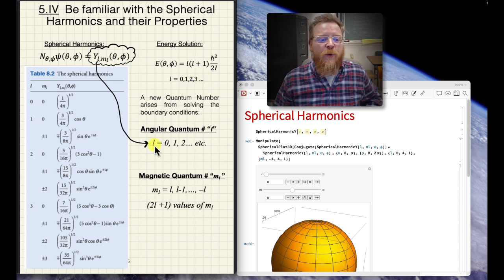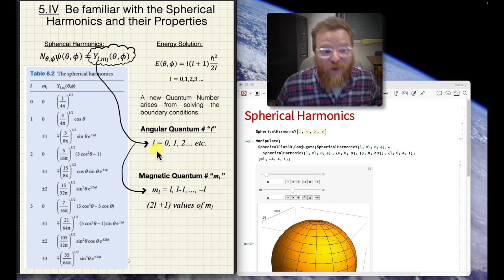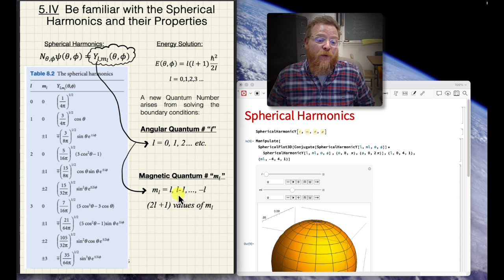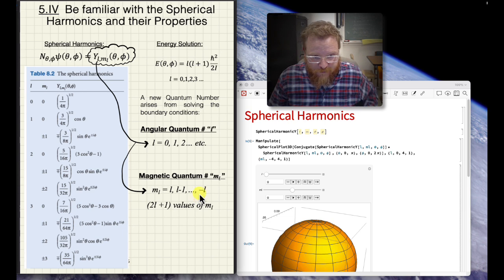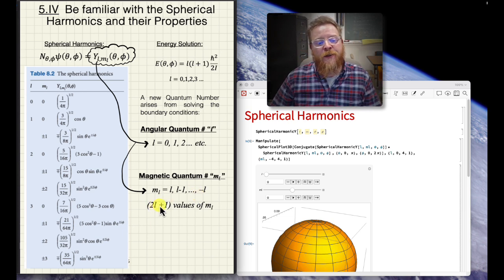And what we also get out of this, our original quantum number that we came up with, ML, has dependencies on L. So ML can take on values L all the way through minus L, including integers and 0. Our degeneracy will go that there are 2L plus 1 values of ML.